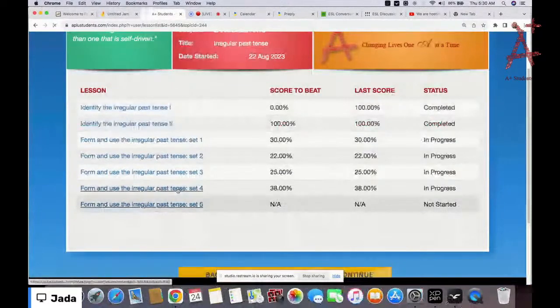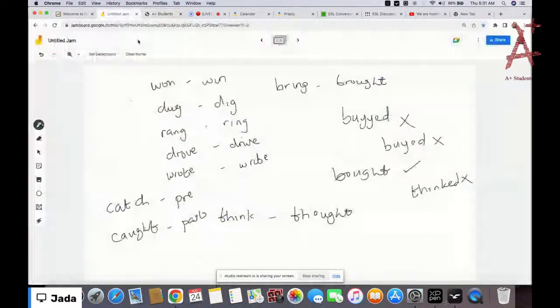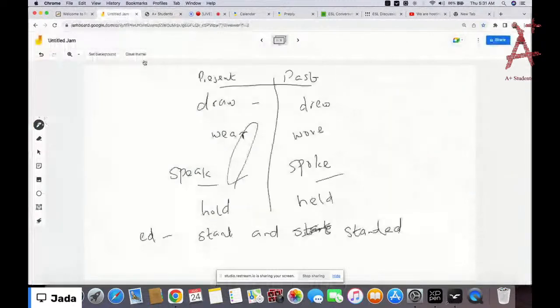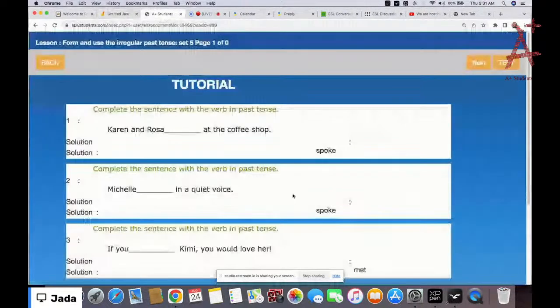So as we go into different sets, it teaches us new patterns or new words and their past tense. Okay, so we have speak, spoke, then met.